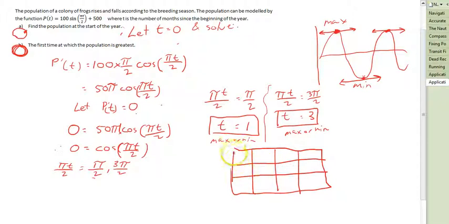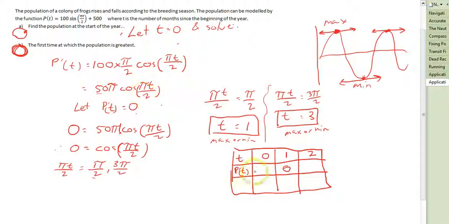This is the first derivative test to check whether something's a maximum or a minimum. So we can do t of 1, 0, and 2. Now we know when t equals 1 that p dash t equals 0. Okay, we just need to sub in t equals 0 into p dash t, and we need to sub t equals 2 into p dash t, so into this.